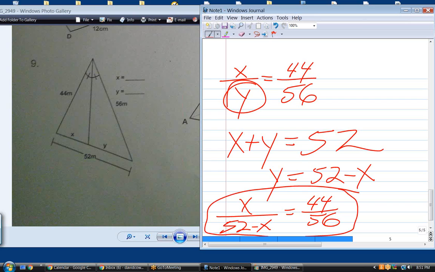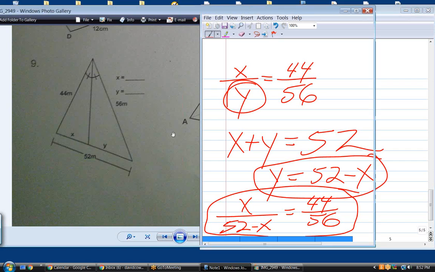I can solve it easily. Once I've solved for x, well, I know y is equal to 52 minus x. So I can solve for y. Now this is a little tricky because this is not just about ratios. You have to actually come in with a second equation that's not a ratio equation.